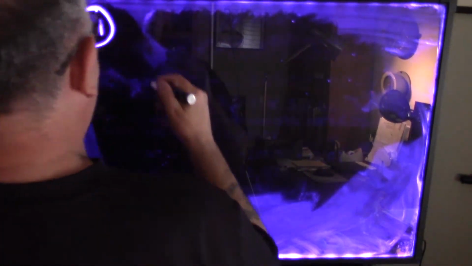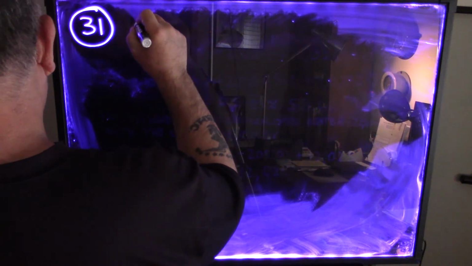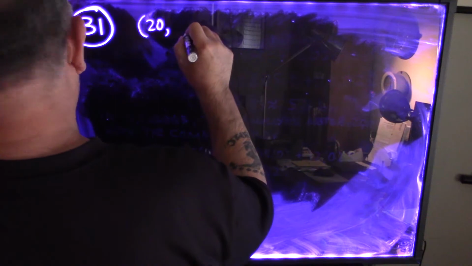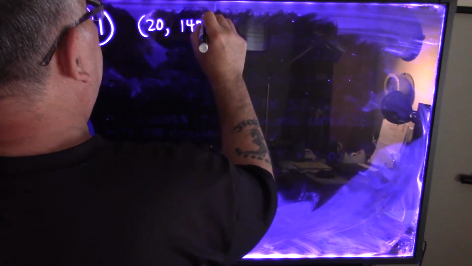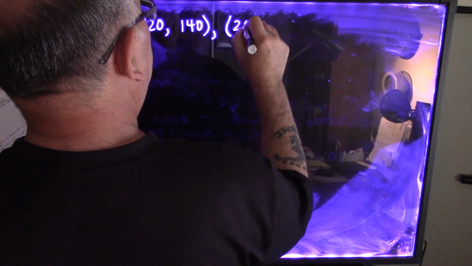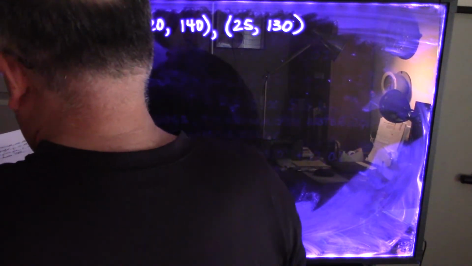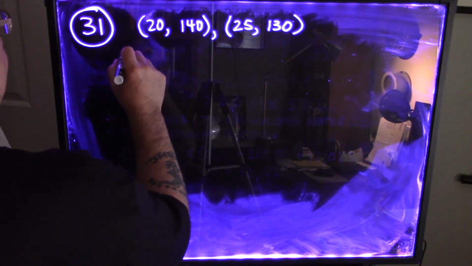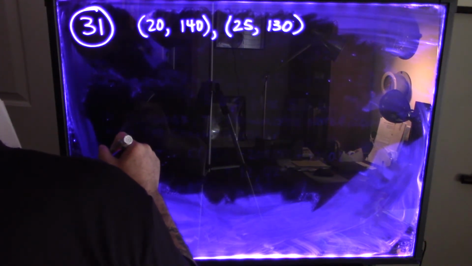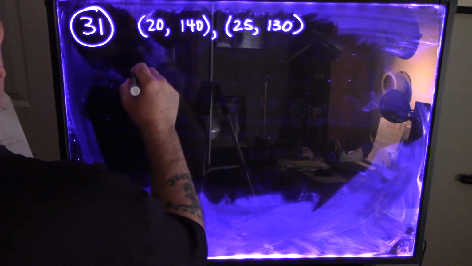So we have 2 points, and then we can use the 2-point equation for a line to get the function. So we've got 20, 140, and we have 25, 130. The 2-point equation for a line is basically the point-slope equation, but with slope we use the actual slope formula.